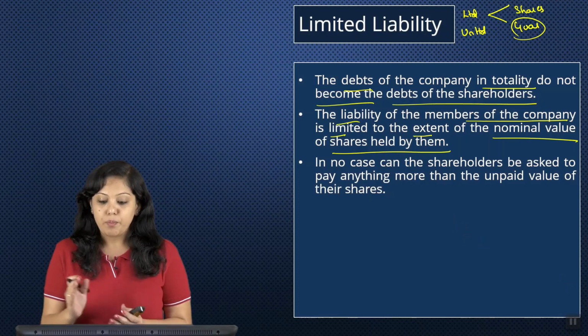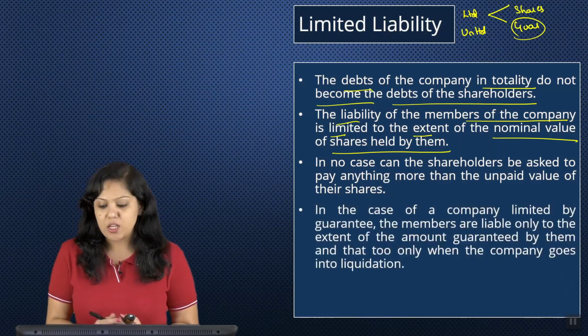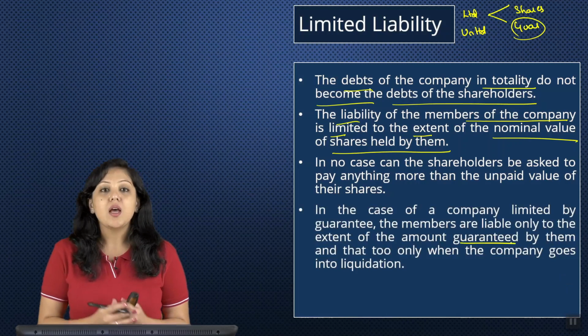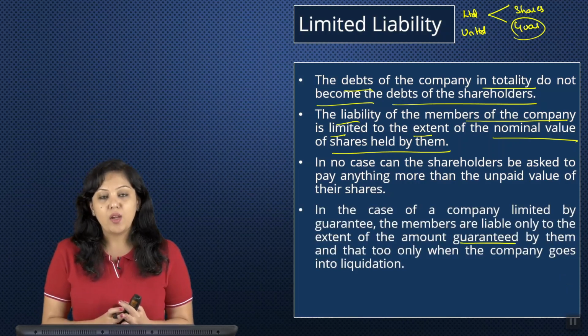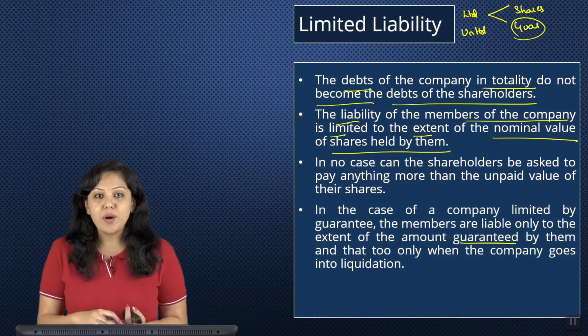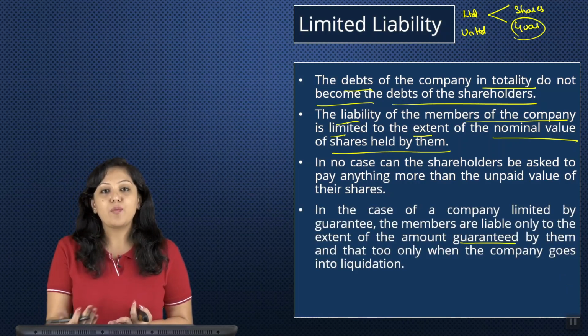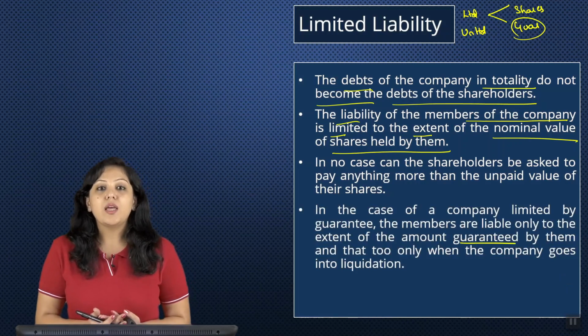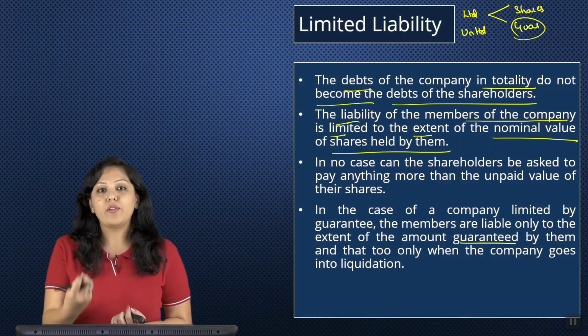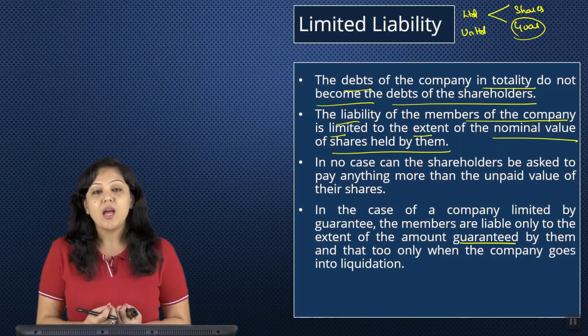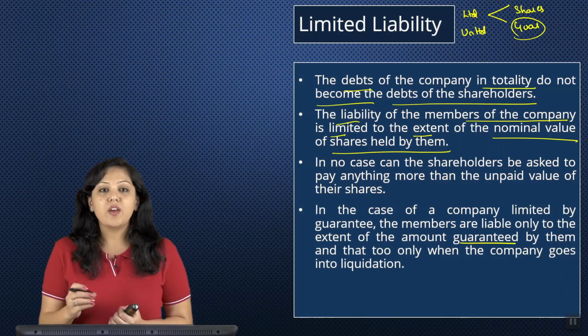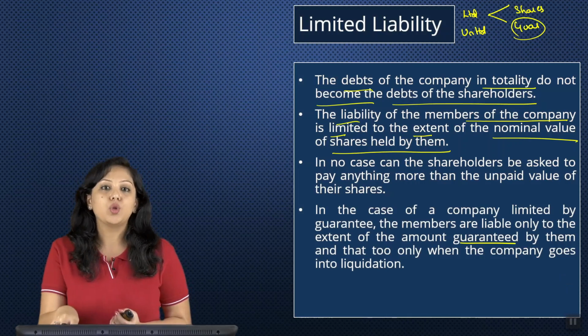So the liability to make payment to the company will arise whenever the board makes such calls. But in case of a company limited by guarantee, the members will not make payment at the time of becoming a member. They will only guarantee, that is, they will only promise the company that at the time of winding up they will contribute so and so amount to the company.